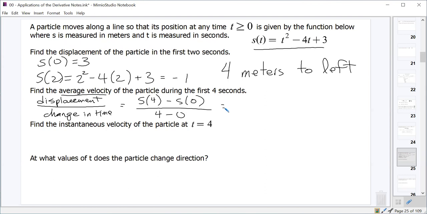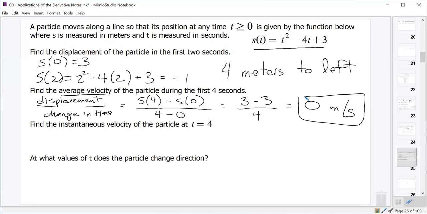Now, what I just said a second ago is not actually going to end up applying here, because s of 4, plug 4 in here, is just 16 minus 16 plus 3, which is 3. And s of 0 is also 3. So we have 3 minus 3 over 4, which is just 0 meters per second.